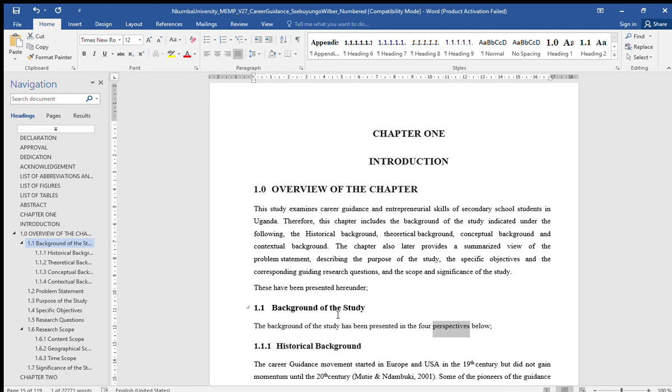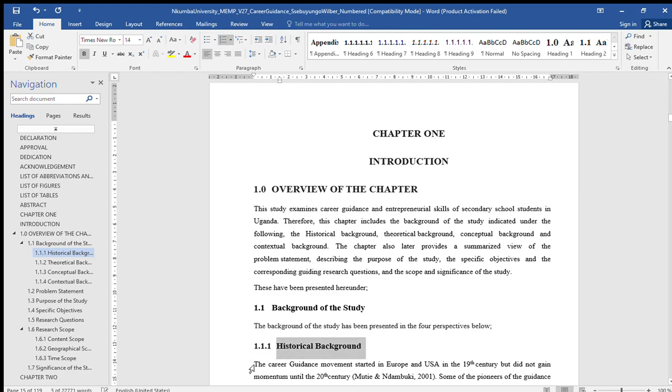If you choose to say perspective, then here it should be historical perspective. Then the other one should also be perspective. So under background of the study, you have 4 elements. The first one is called historical background. That is the first one. That's how the order should be.